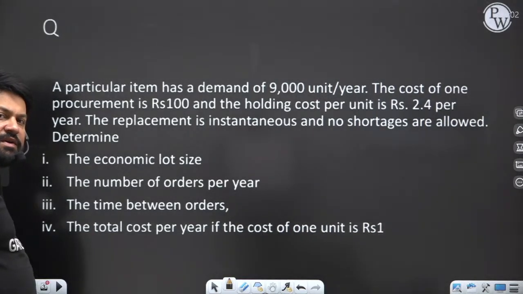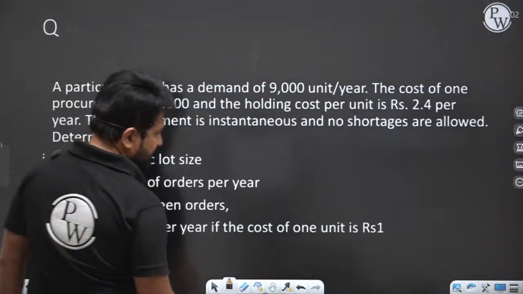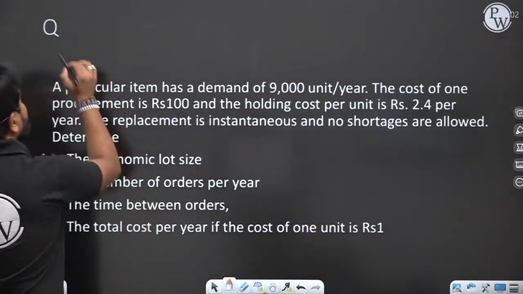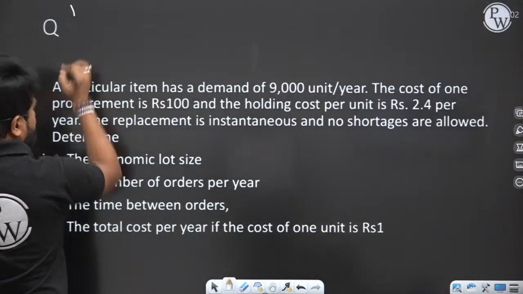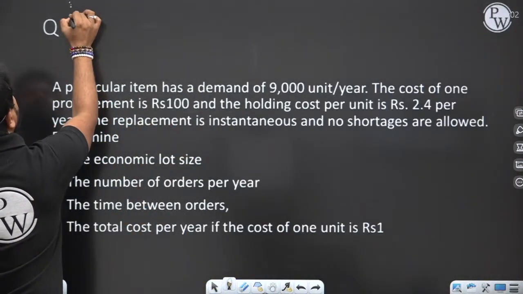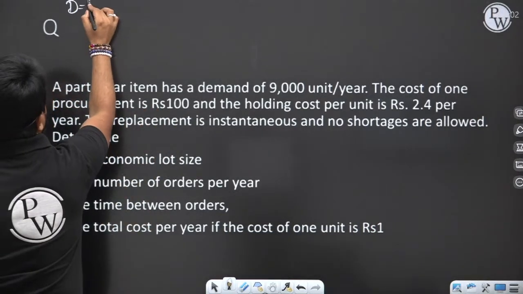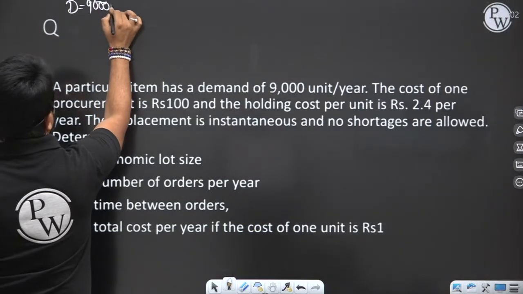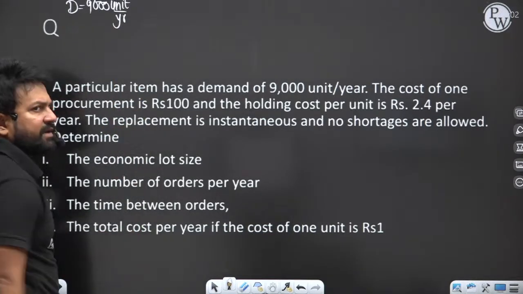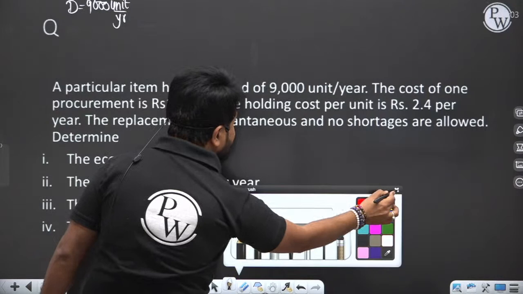So here he basically wants to say that the demand is 9,000 units per year. Demand is given to us.